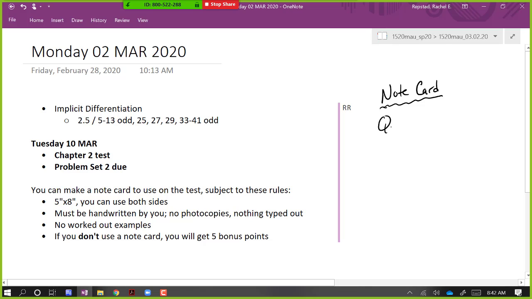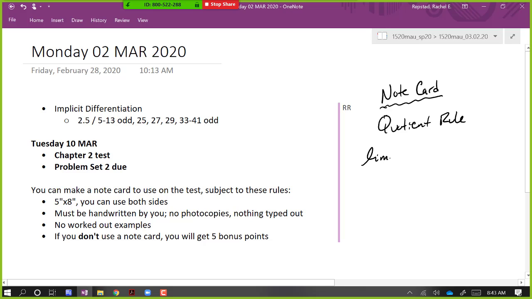Quotient rule formula. Limit of h approaching 0. Oh yeah.